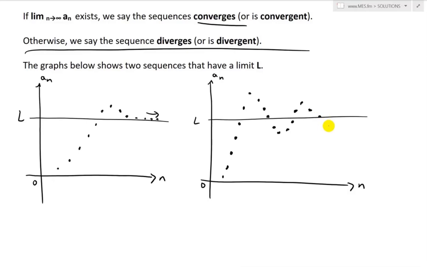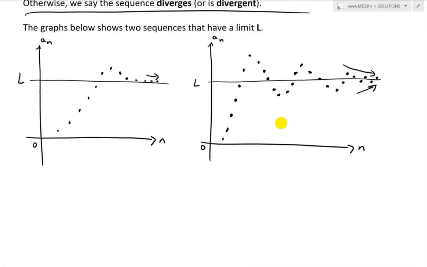It's going to be something like this. You see this one is getting closer and closer, oscillating around the limit but still getting closer and closer, and both of these have limit as n approaches infinity of a_n equals L.